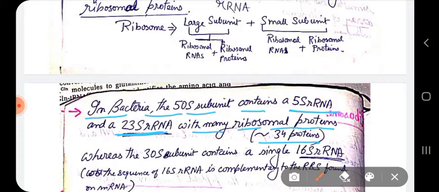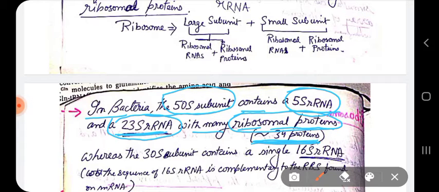Approximately 34 different types of proteins are found within the large ribosomal subunit of bacteria. So the 50S subunit, which is the large ribosomal subunit, contains a 5S rRNA, 23S rRNA, along with many ribosomal proteins, about 34 different proteins.